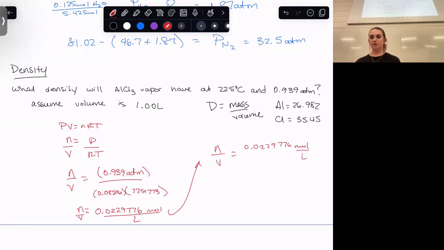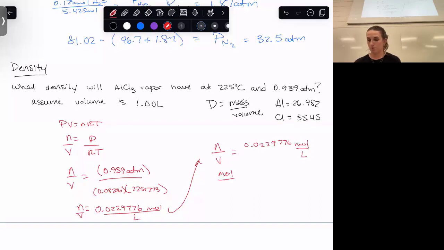We're given n over V as moles over liters, and we know that we can convert moles over liter to grams over liter if we use our molar mass of aluminum chloride.